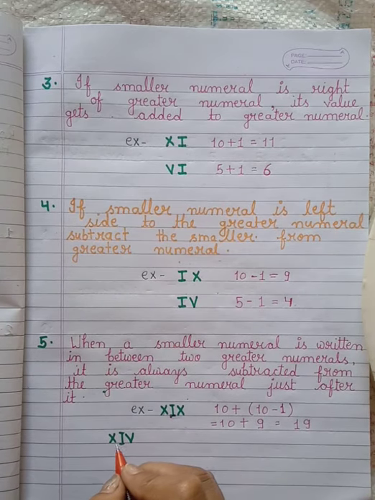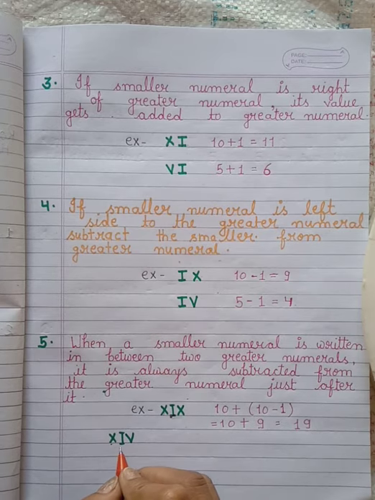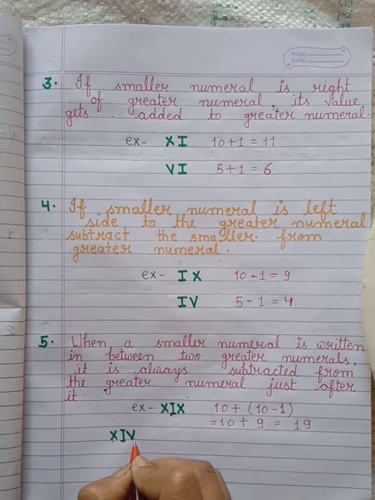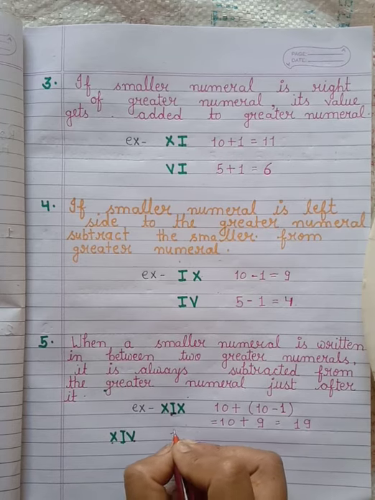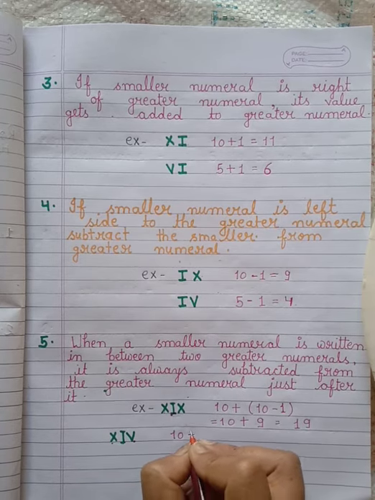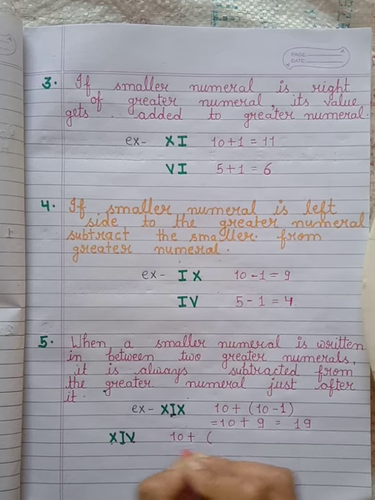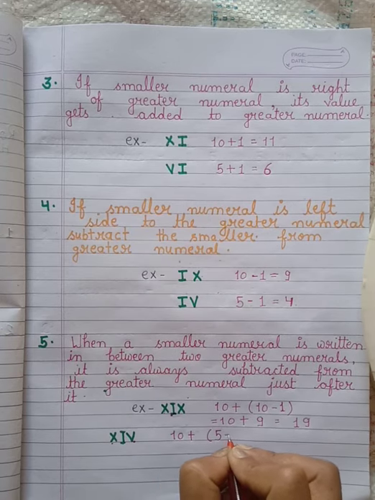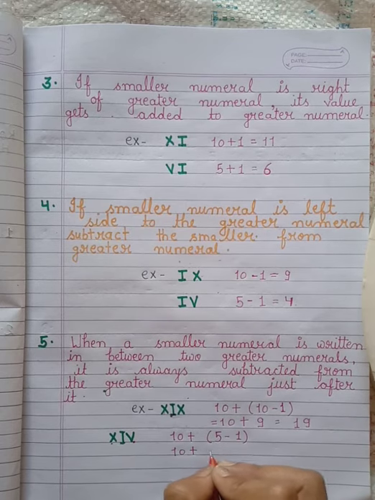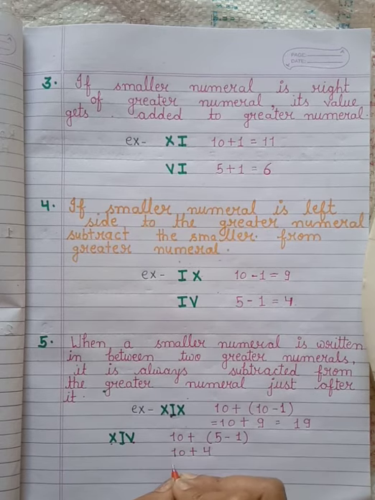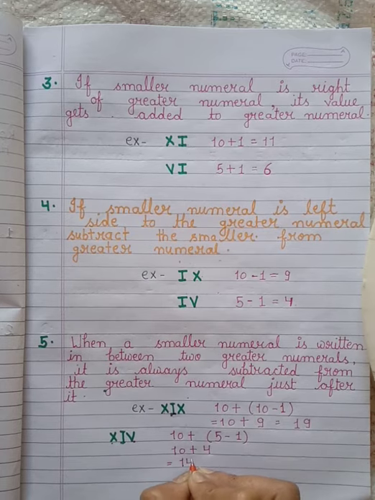Next example is XIV. X means 10, and here we subtract the smaller numeral from the bigger numeral: 10 plus 5 minus 1, which is 4, so 10 plus 4 is equal to 14.